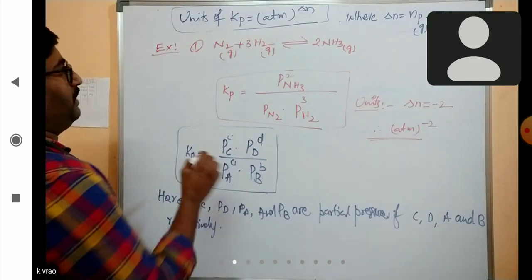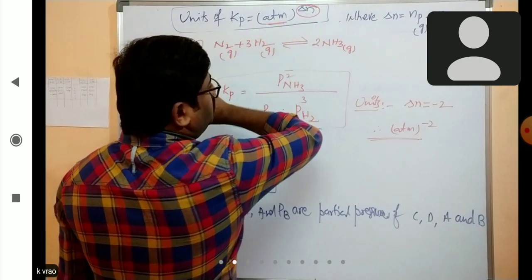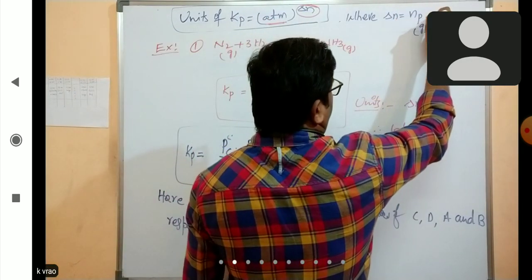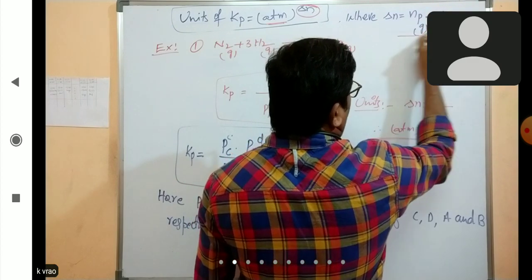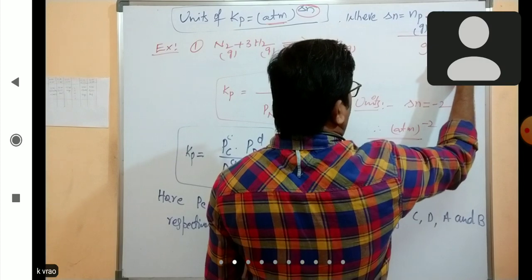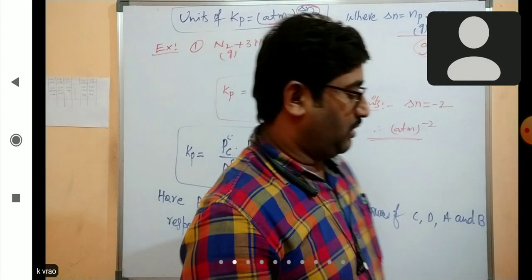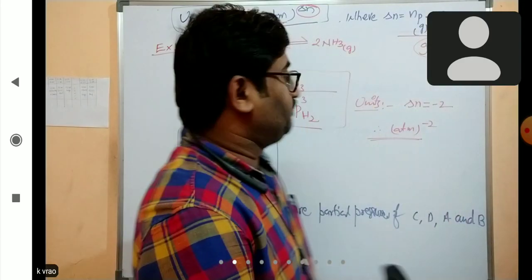The pressure unit is atmosphere, and delta n is equal to the number of moles of products minus the number of moles of reactants present in gas state only. Don't take solid substances and don't take liquid substances.